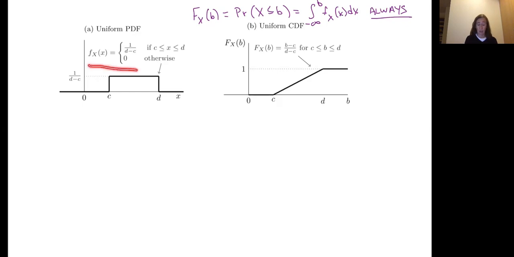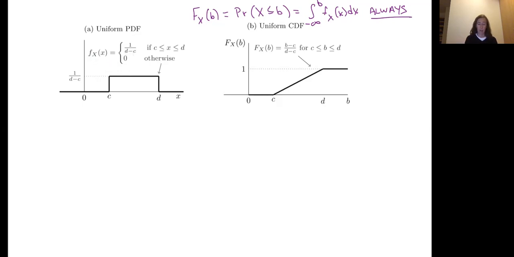But we want to do this process in this specific case here. So what I have here is a uniform random variable, and I've got its PDF written here, and it is equal to a constant value over the range where it's defined.